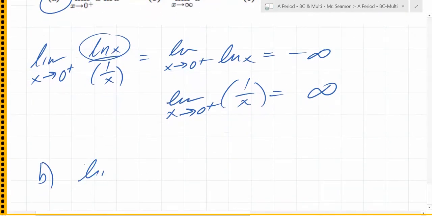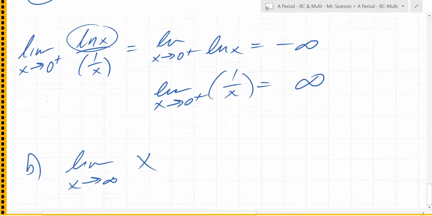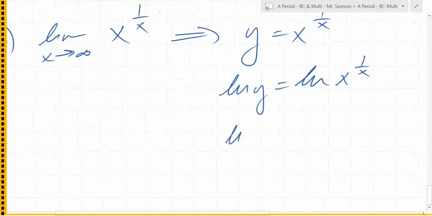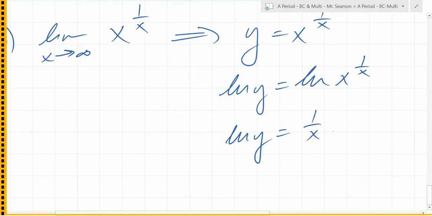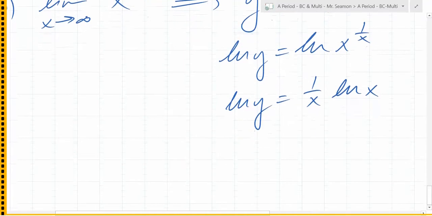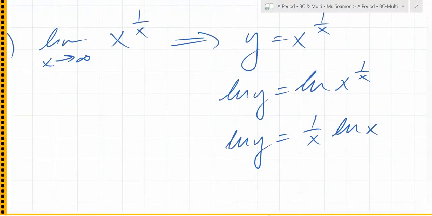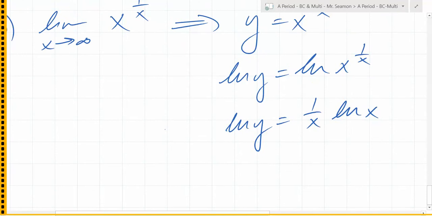So what about this one right here? The limit as x goes to infinity of x to the 1 over x. What do we do here? ln of y is equal to 1 over x ln x, right? So what you can actually do is, y is equal to that, and you can take the limit as x goes to infinity of both of these things.